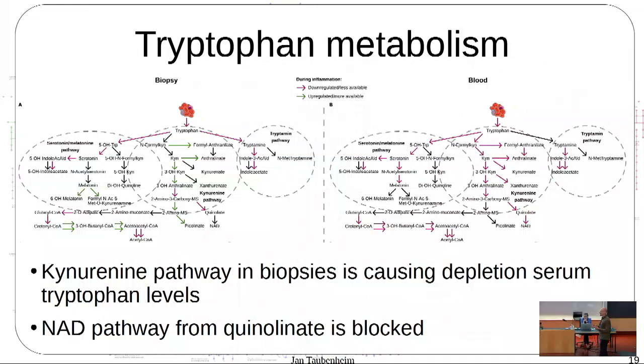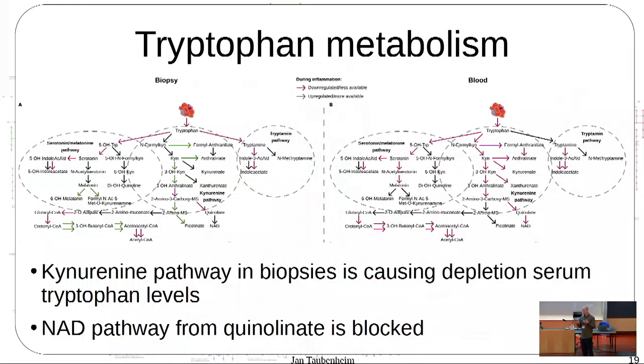Finally, we wanted to know where the tryptophan of the serum is basically going. So why is it not contributing to the NAD levels anymore? And if we look at the tryptophan degradation pathway, there are three major ones, but especially in the gut tissue, we see an activation of the quinolinate pathway, which actually would lead to quinolinate here, this NAD precursor, yet the metabolism is exactly at that step blocked, and it will rather lead to picolinate or acetyl-CoAs here.